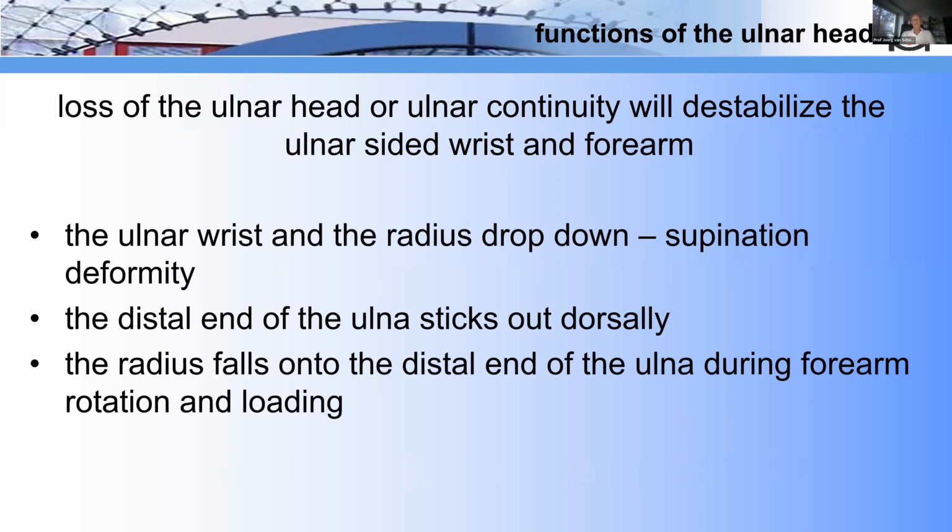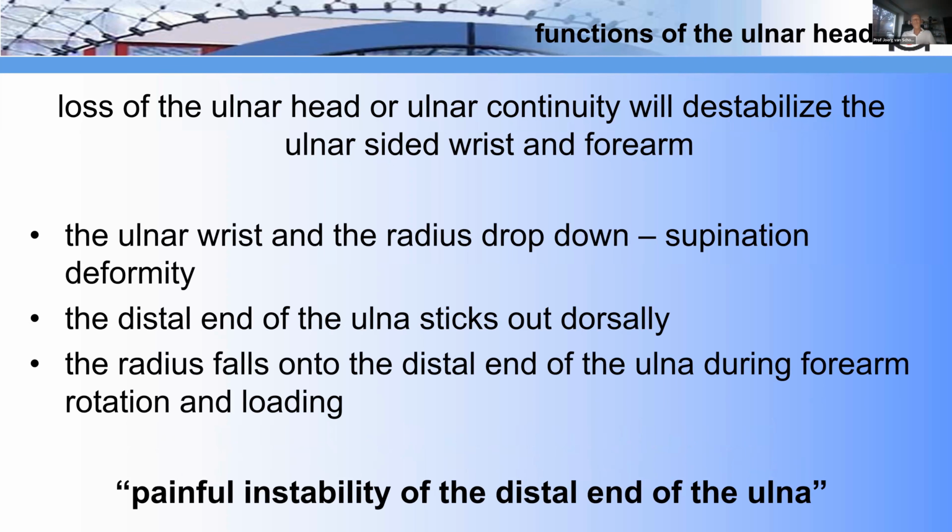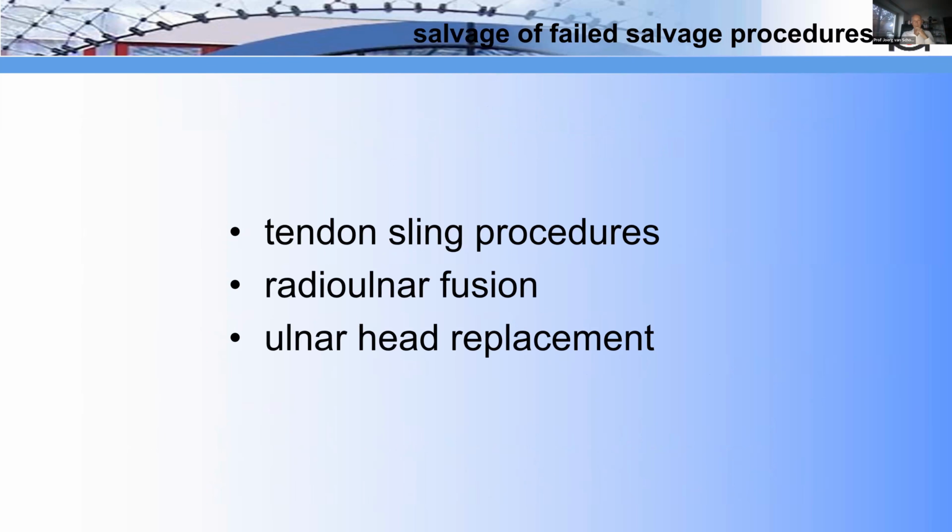And this is what we call painful instability of the distal end of the ulna, but in reality, it is a painful instability of the forearm. To solve this problem, if it occurs, and it does not occur in all patients where we do these procedures, traditionally we have 3 therapeutic options.